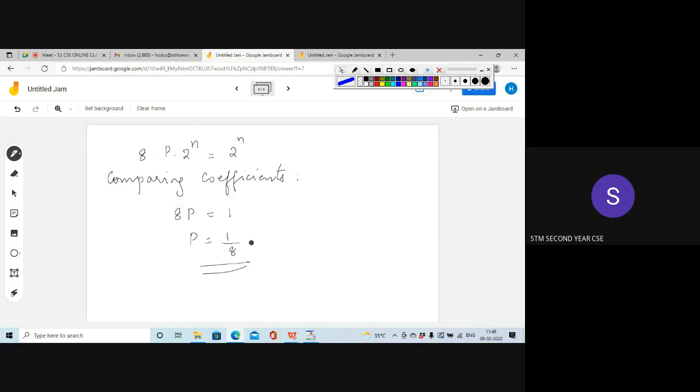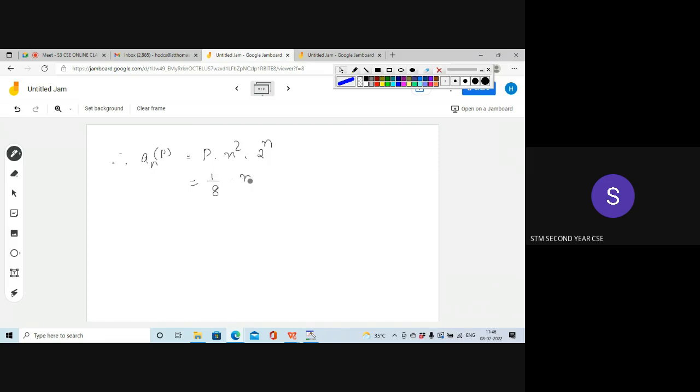Now, what we have to do is, we have our particular solution a(n) of p, substitute this constant in that equation. Therefore, a(n) of particular solution is p into n square into 2 raised to n. This is a particular solution since the roots were equal. We got the value of p as 1 by 8, so you get 1 by 8 into n square into 2 raised to n. This is our particular solution.